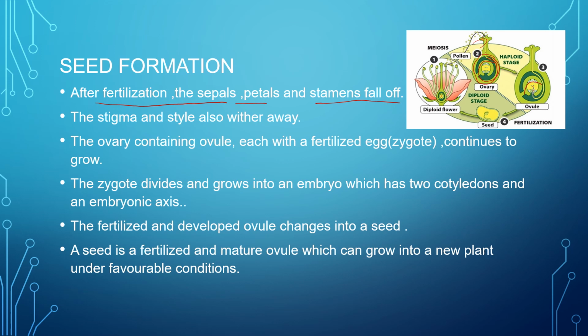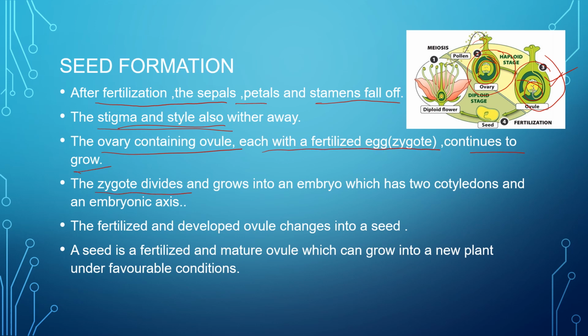Once this zygote formation has happened, what happens? The sepals, the petals and the stamens fall off, and the stigma and the style also wither away. The ovary containing the ovule with each fertilized zygote continues to grow, while the outer parts, the sepals, petals, stamens, stigma and style, all wither away and fall.